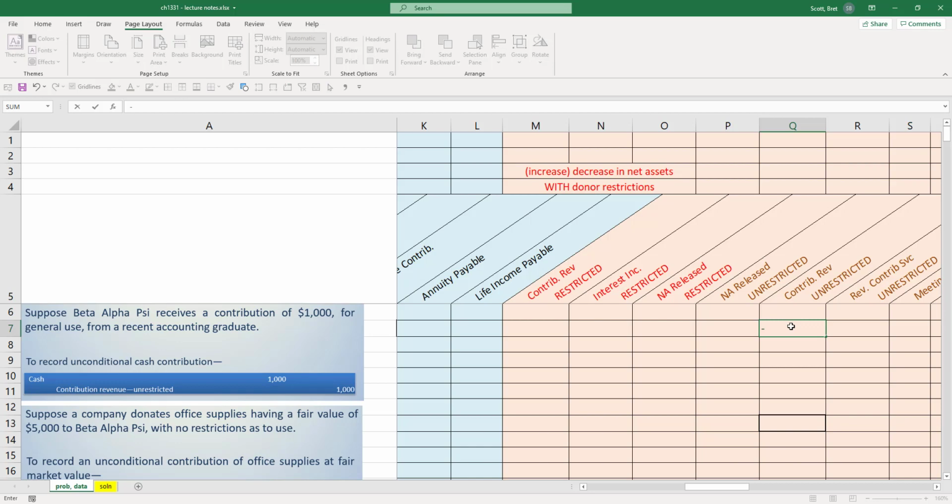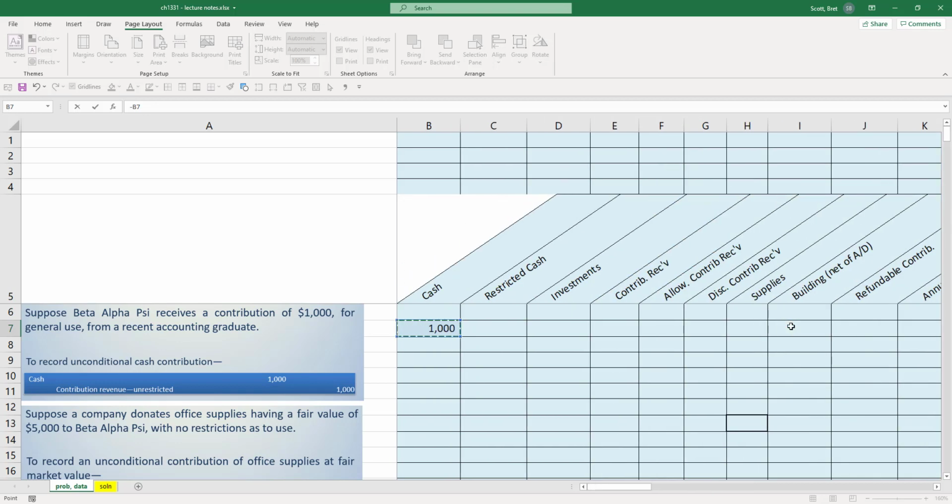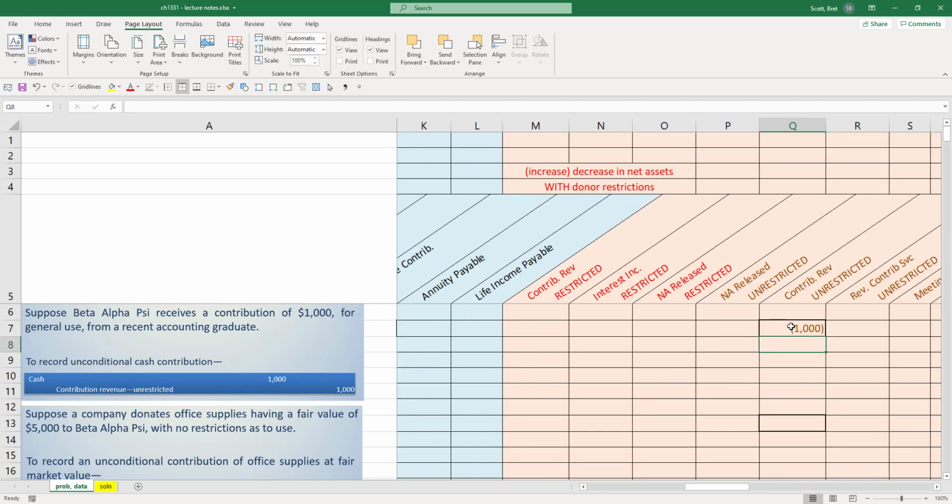It's called contribution revenue, unrestricted, in the sense that people make donations, and if they don't have any stipulations, we'll just call that contribution revenue. So the stuff you see here in orange is what you see on the income statement. But the stuff you see here in orange and also in red are the things where people make contributions, and it is necessarily revenue, but it has certain restrictions attached to it. And we'll talk about different ways in which that is accounted for.